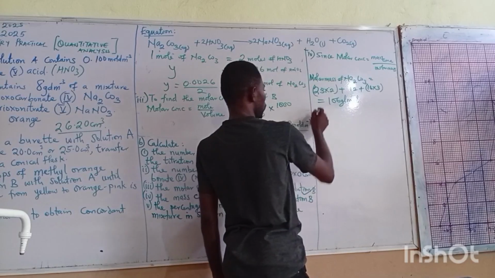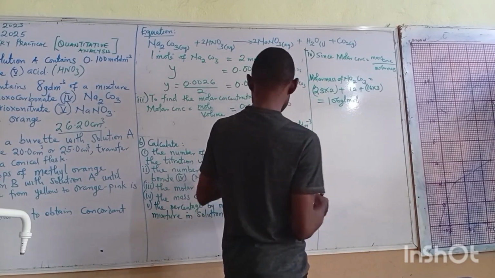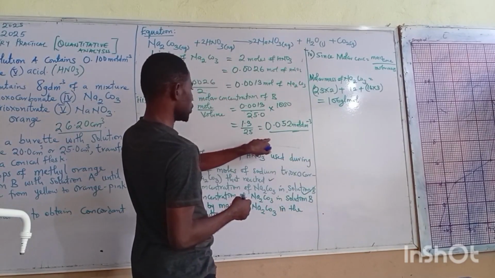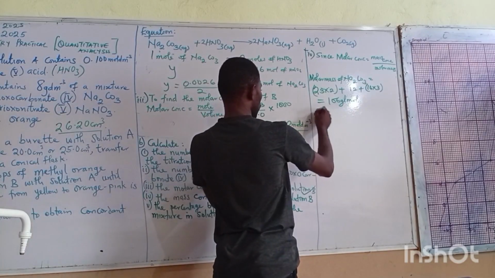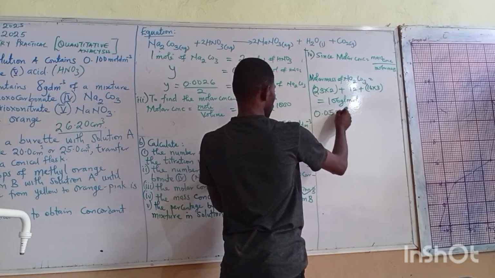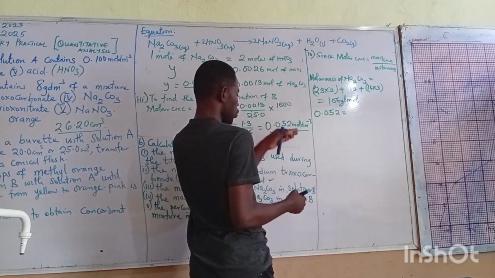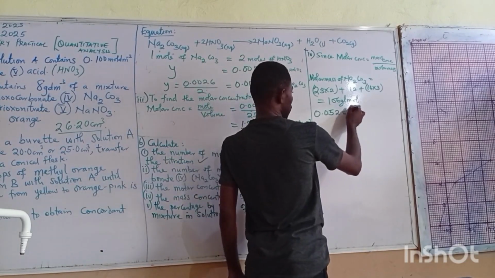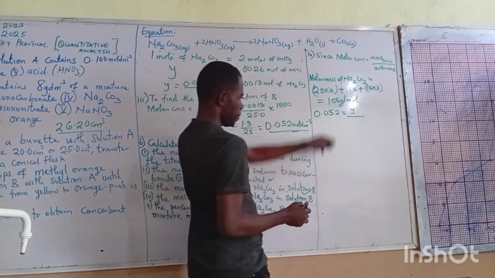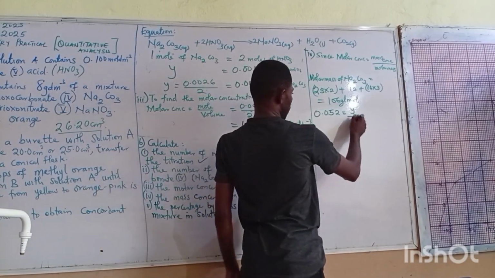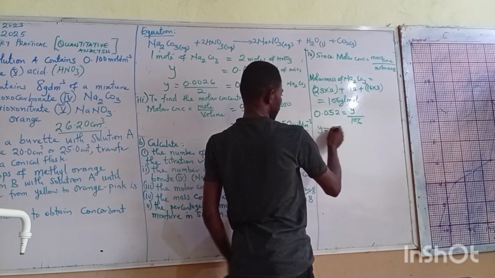So in that sense now, molar concentration, we just got it right now, 0.052, equals mass concentration, we don't know, let's call it Y, over 106. So when you cross multiply, let me do that.